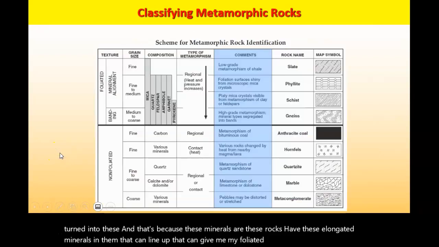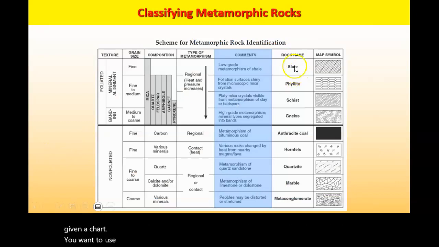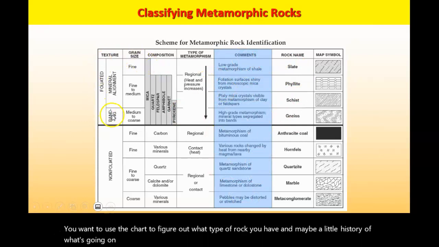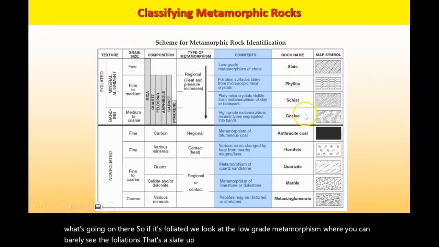So just like before, you're given a chart. You want to use the chart to figure out what type of rock you have and maybe a little history of what's going on there. So if it's foliated, we look at the low-grade metamorphism where you can barely see the foliation. That's a slate. Up to a high-grade metamorphic rock that's foliated would be a gneiss.